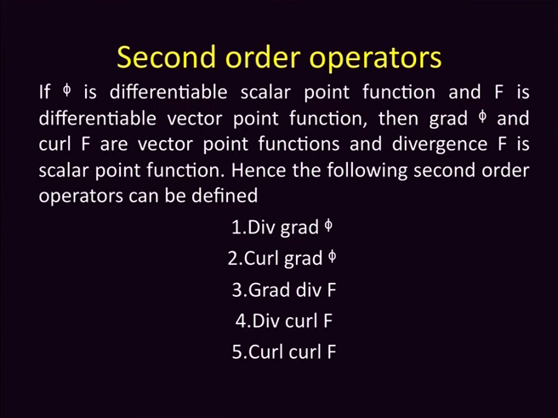Hence, the following second order operators can be defined. These are the 5 second order differential operators: divergence of gradient of phi, curl of gradient of phi, gradient of divergence of f, divergence of curl of f, and curl of curl of f.